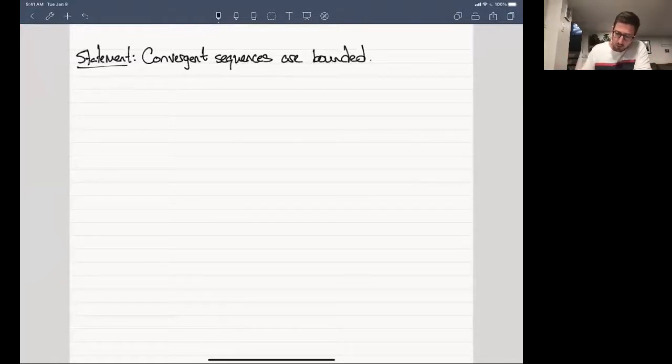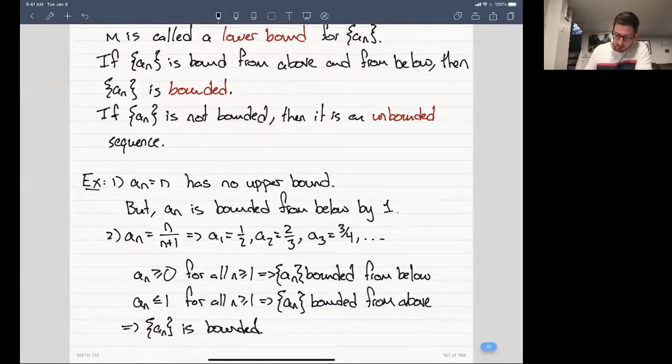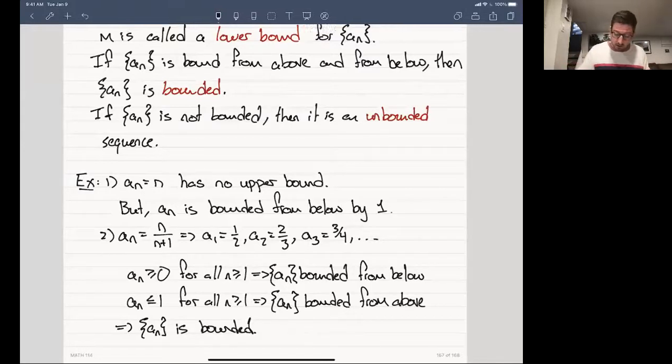Okay, so what we saw with this first example is that my sequence is actually increasing, right? It went from 1, then to 2, then to 3, then to 4, and so on and so forth. And again, we have a way of talking about these kinds of sequences.